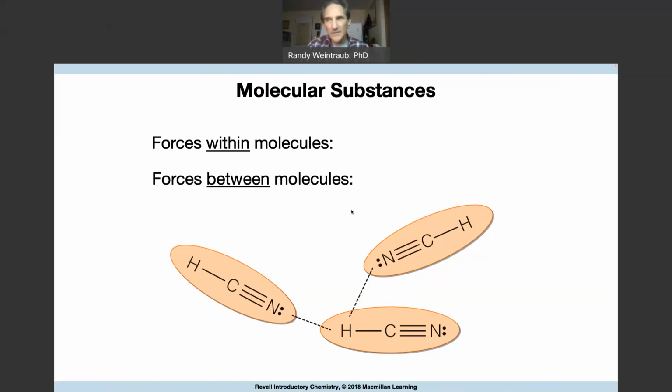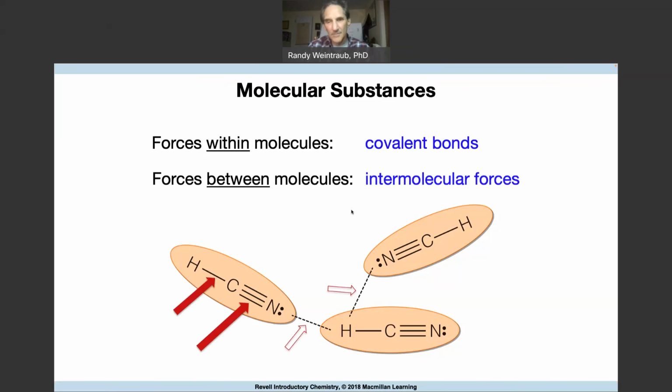These are weaker than the bond forces, also called intramolecular forces. As a result, molecular compounds usually have lower melting points and lower boiling points. The exact properties of molecular substances vary widely depending on the strength of the forces that hold the molecules together.